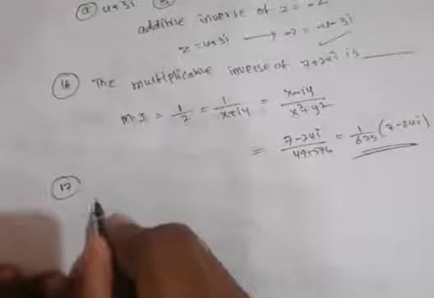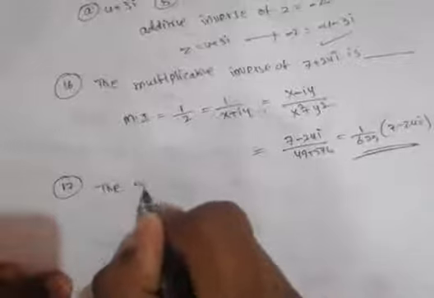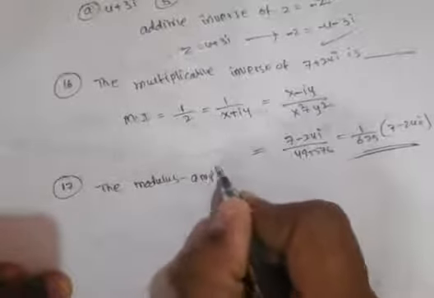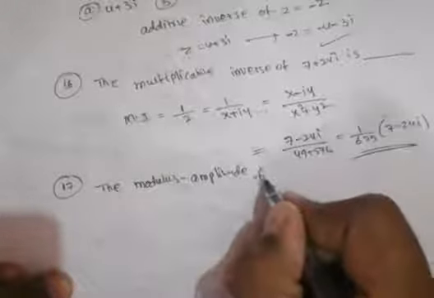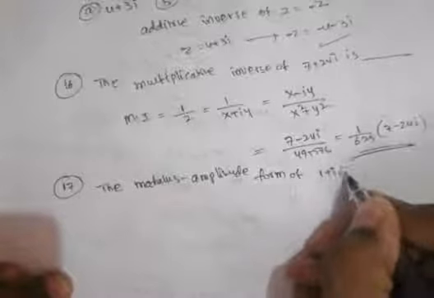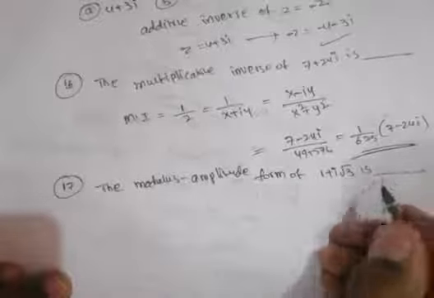Now coming to another problem, modulus amplitude form. Modulus amplitude form of 1 plus i root 3 is dash.